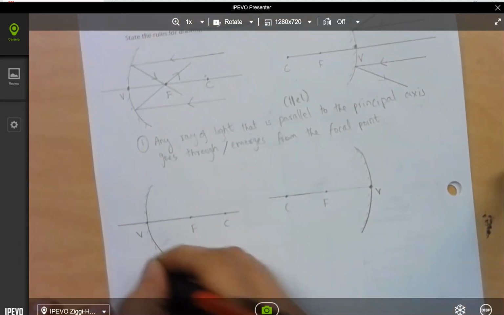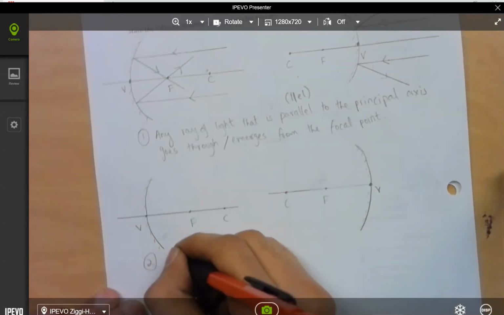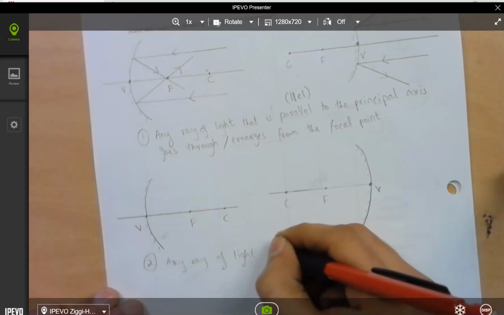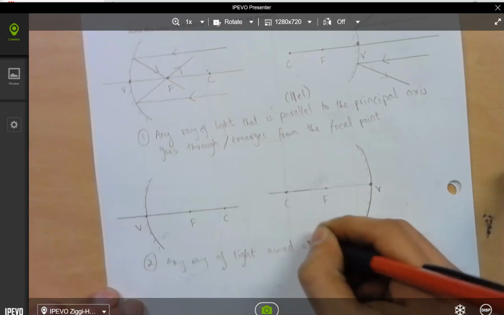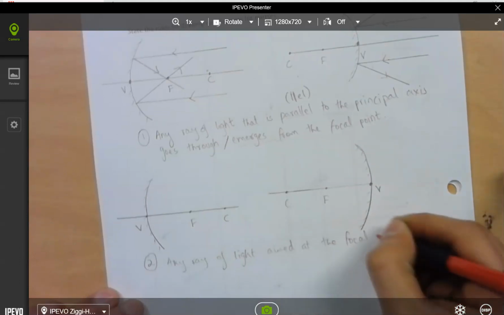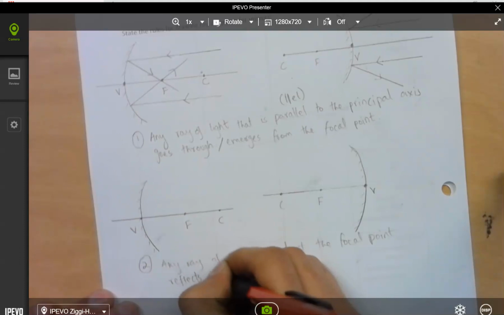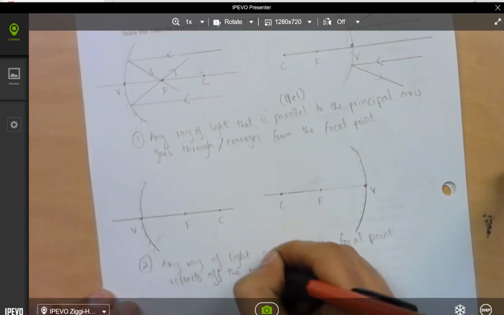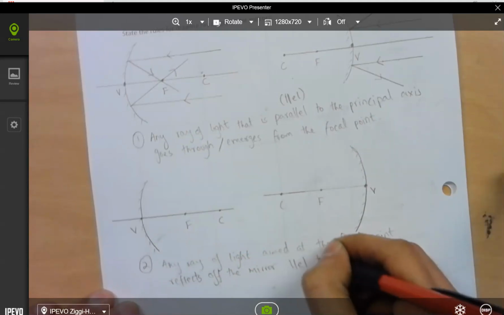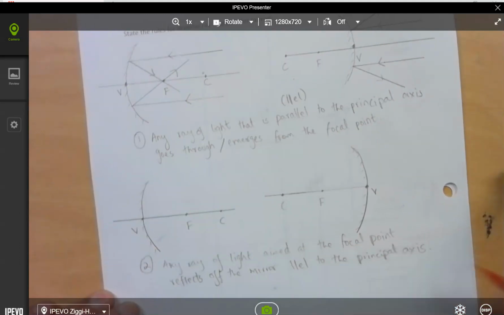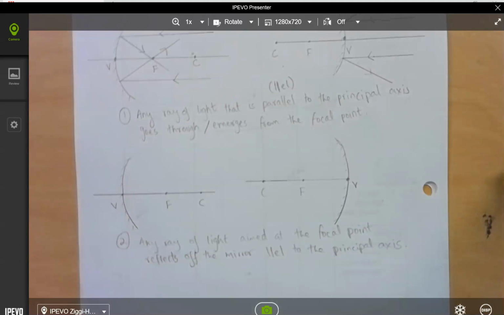Okay, rule number 2. So any ray of light aimed at the focal point or passing through the focal point reflects off the mirror parallel to the principal axis.